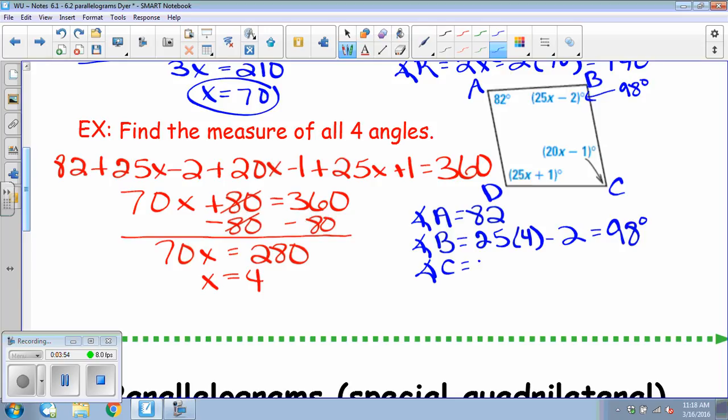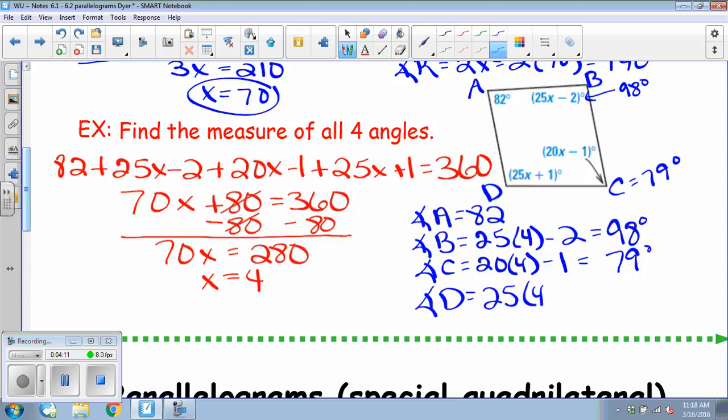Angle C is 20 times 4 minus 1, which is 79 degrees. And angle D is 25 times 4 plus 1, which is 101 degrees. Any questions?